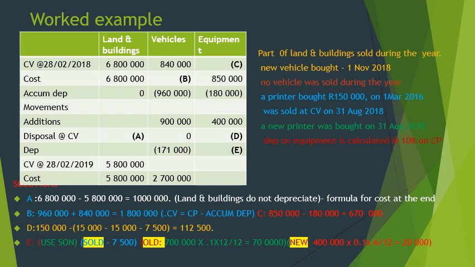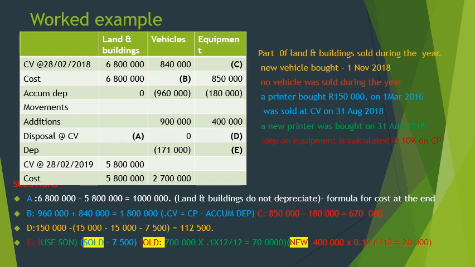Then E, the depreciation for the year. That's where now we use the sum method. You need depreciation for the asset sold, you need the remaining or the old, you need the new. Let's start with the sold. Already we calculated, when we were calculating D, it is 7,500.